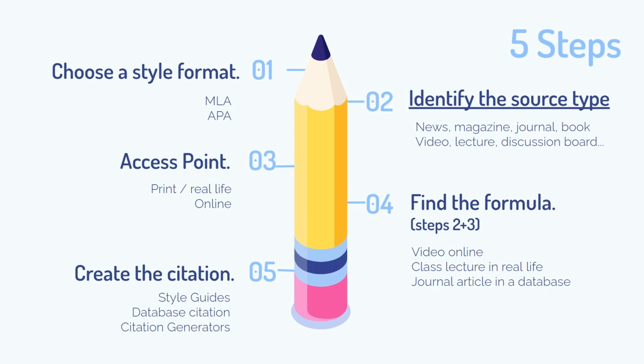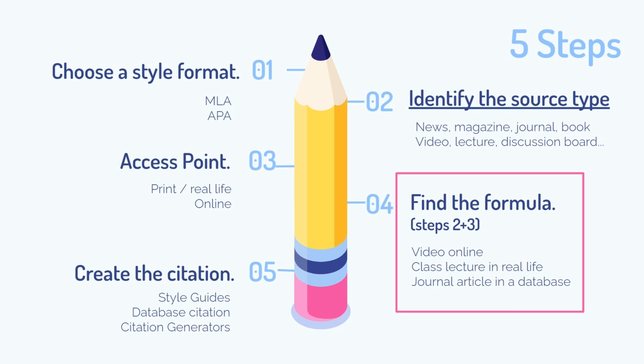So now that we've talked about step 2, identifying the source type, the next thing we want to talk about is when we combine steps 2 and 3 to find the formula. So for instance, if we were watching a video on YouTube, okay, it's not a web page, that's not the formula I'm looking for. I'm going to look for the formula for video online. Or if I'm citing something my instructor said in class, I'm going to do a class lecture that I attended in real life.